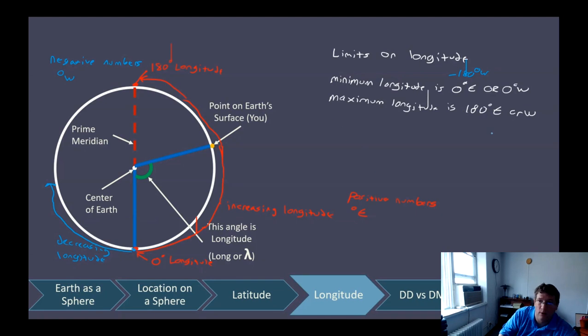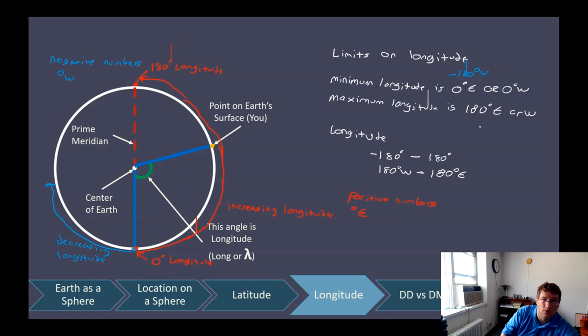So put another way, longitude can go from negative 180, or 180 degrees west, to positive 180 degrees, or 180 degrees east.